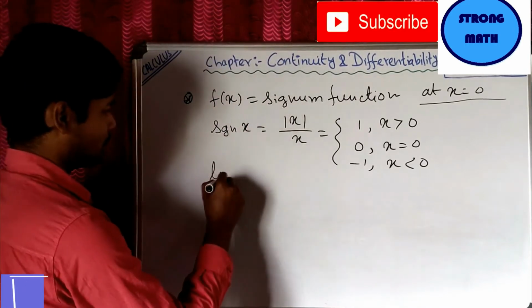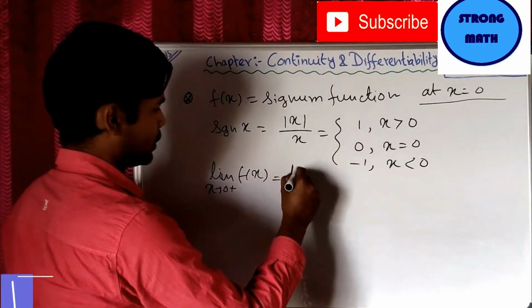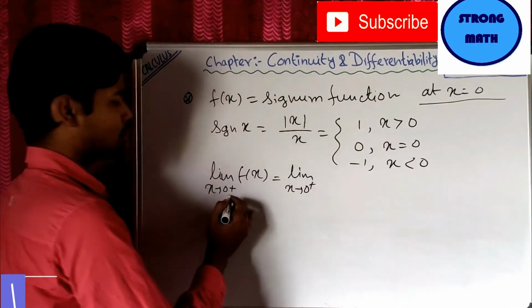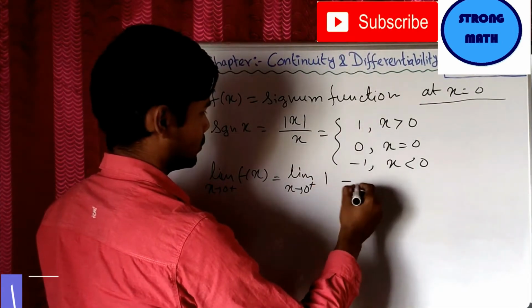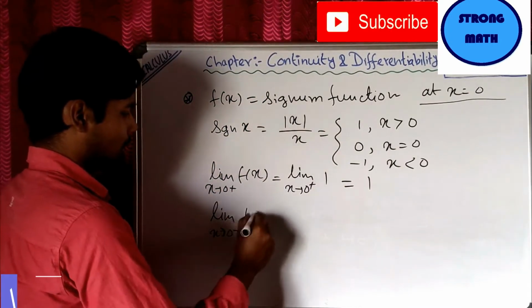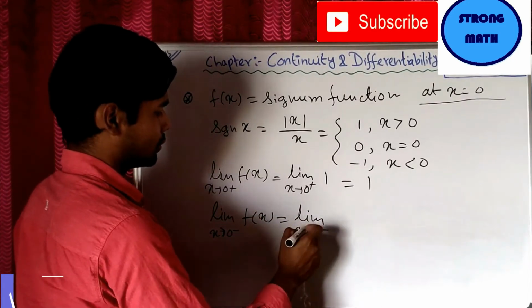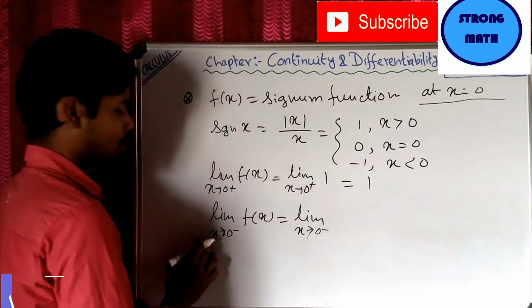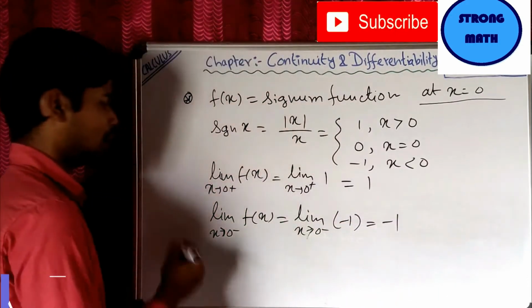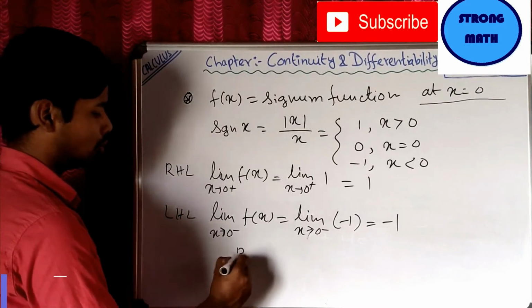Why? Limit x tends to 0 plus f of x: the value of the function when x tends to 0 plus is 1. Limit x tends to 0 minus f of x: the value of the function when x tends to 0 minus is minus 1. Clearly the right hand limit and the left hand limit are not equal.